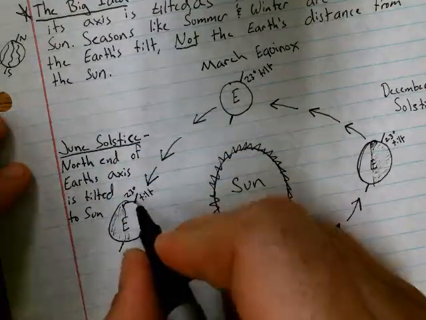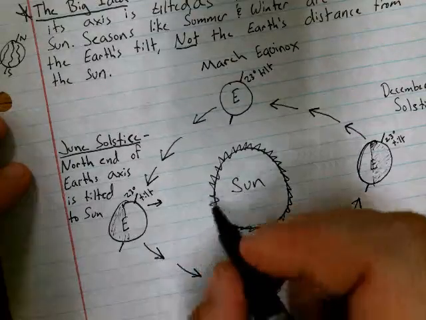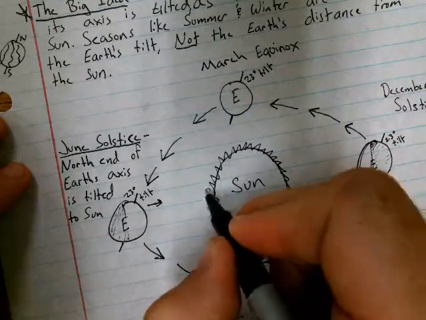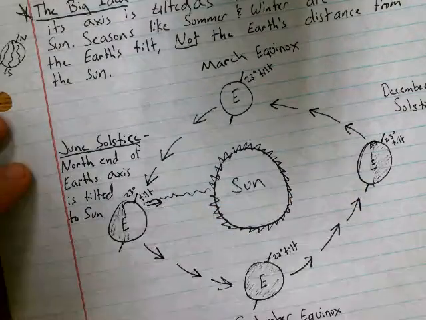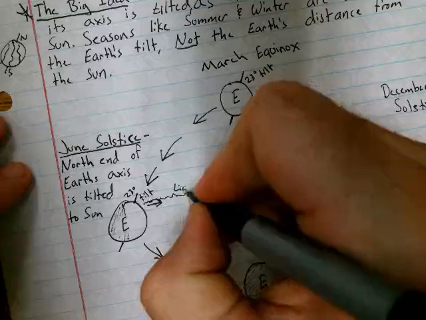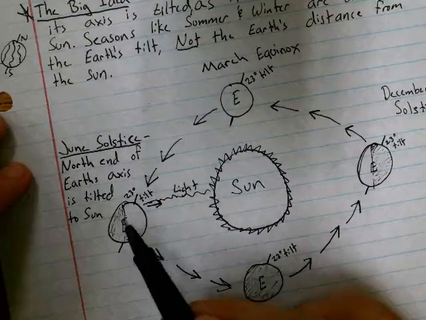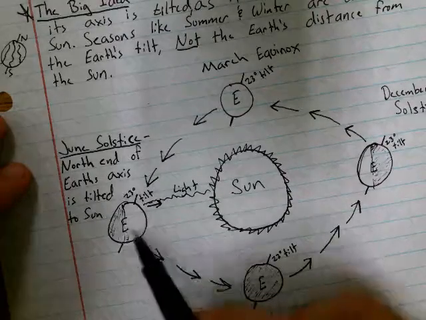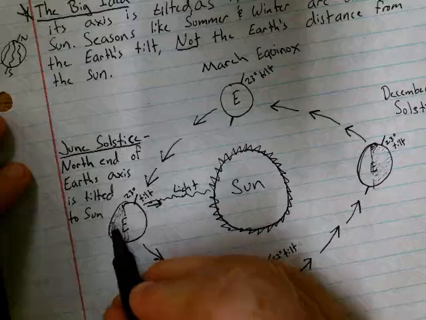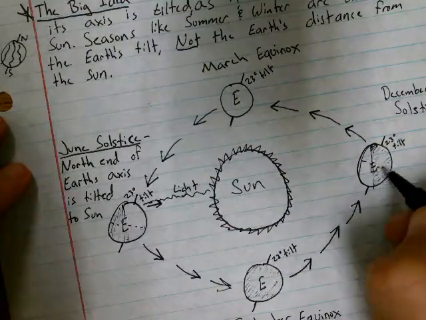So this northern part here is tilted towards the sun, which means that the light from the sun is falling upon and hitting more the northern part of the Earth than the southern part of the Earth. So if I was to dash an equator on here, dash an equator on here.